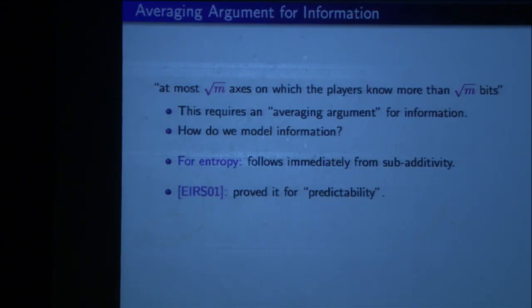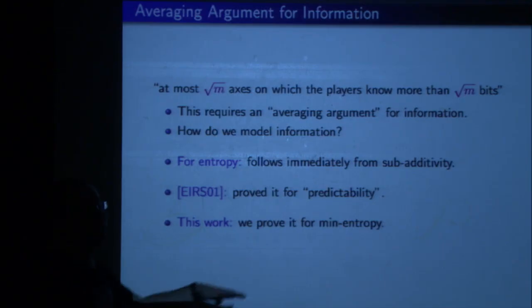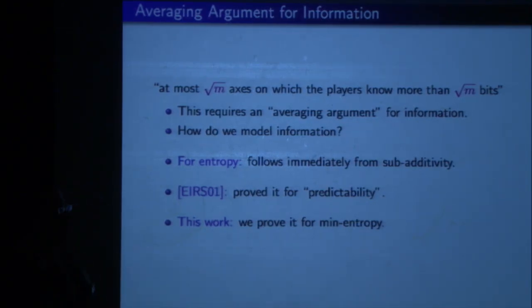And they proved an averaging argument for this measure, but it turns out that this measure is also not useful for us. So in our work, we actually work with mean entropy as our representation of information, and we have to prove an averaging argument for mean entropy, which turns out to be not completely trivial, and we get a nice theorem out of it.